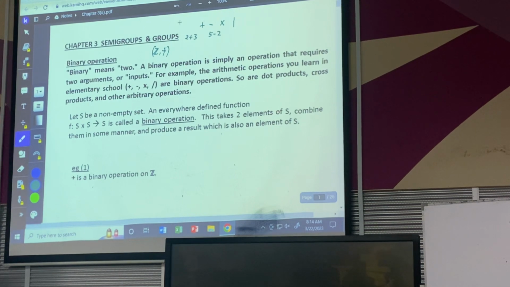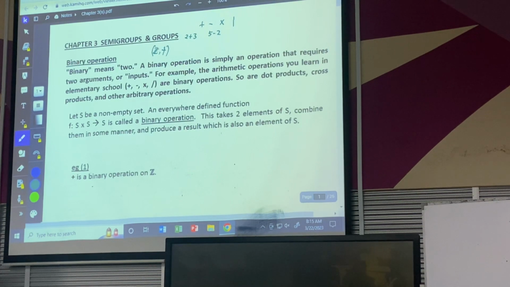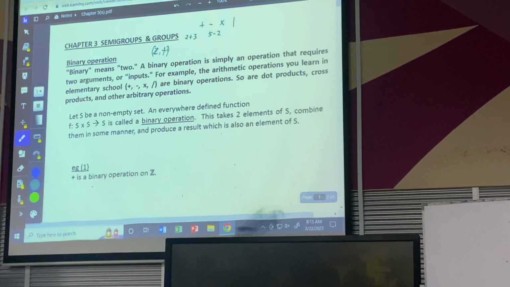What you need to do is take any two integers, use the operator plus, find the answer, and see whether the answer is also from the set of integers or not.